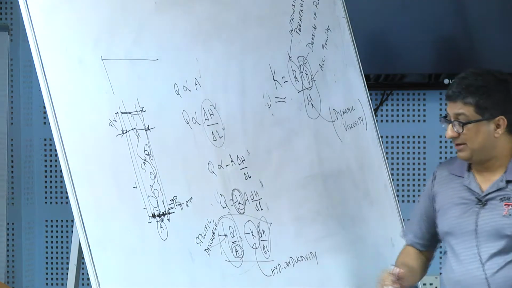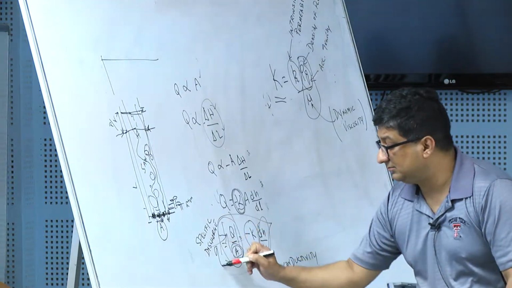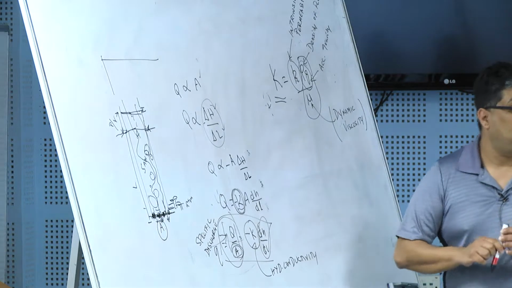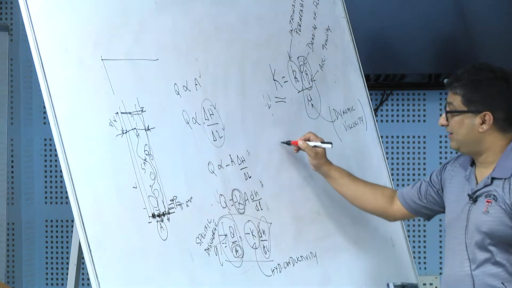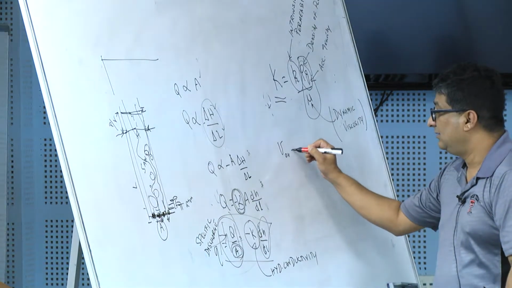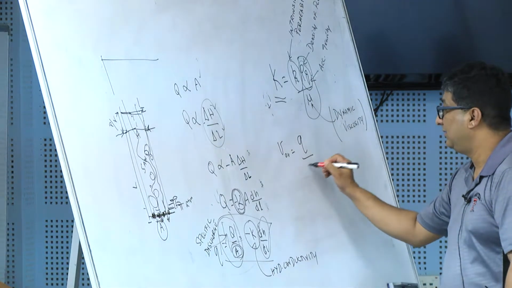As a matter of fact, if we call this little q, as it's conventionally called, our average linear velocity is q over n.